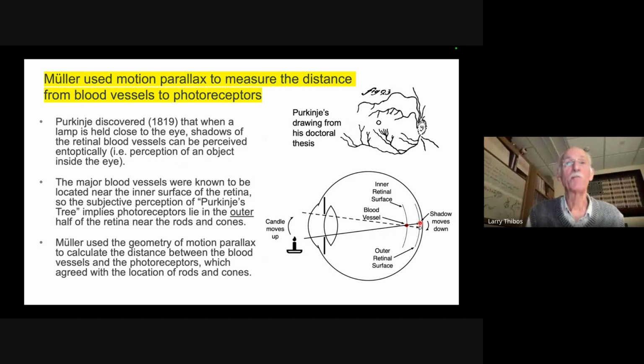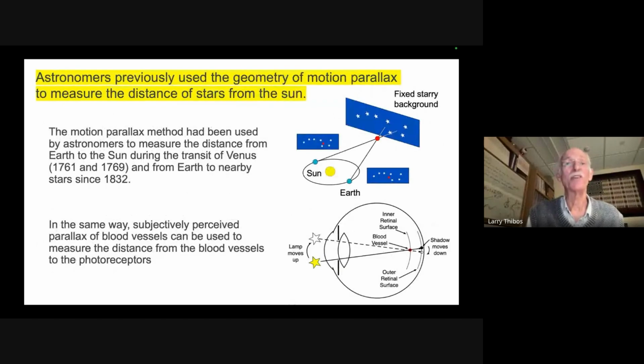That's where the elements that receive the light and transduce the light must exist. And furthermore, if I move that candle back and forth, the shadow should move. If the candle goes up, the shadow should move down. And so he used that argument conceptually to actually measure the distance between the blood vessel and where the shadow is sensed, where the light is sensed.